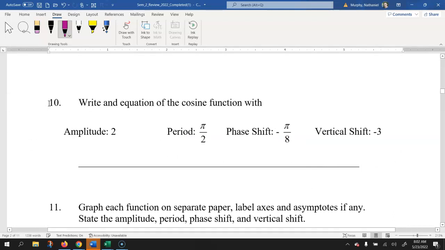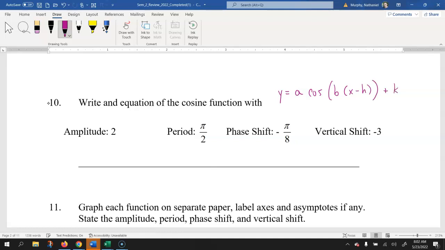All right, so for number 10, they're asking us to write an equation of the cosine function with all those different features. What you want to remember is that the form for our sine and cosine functions is the same, except we switch between the two. So we'd have a times the cosine of b times the quantity x minus h, plus k.